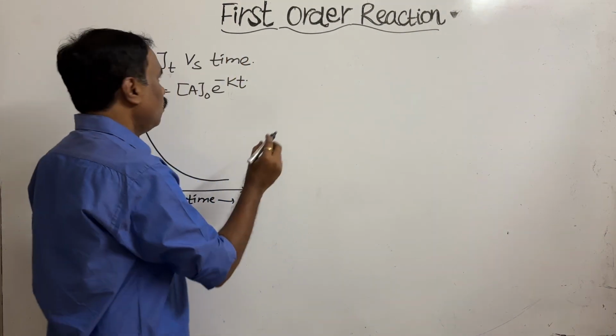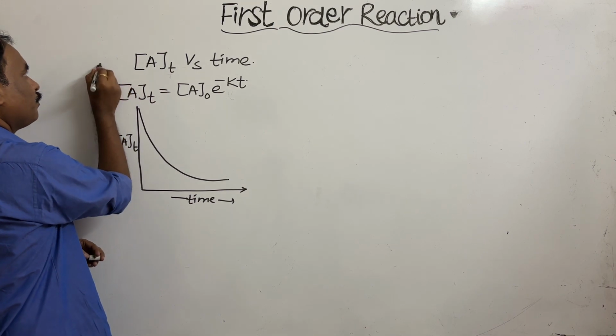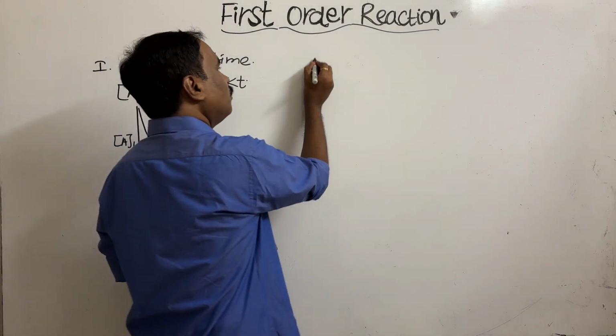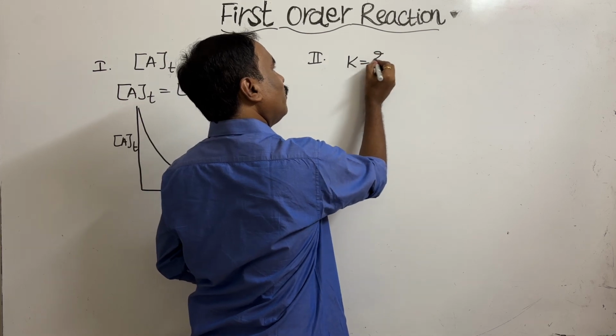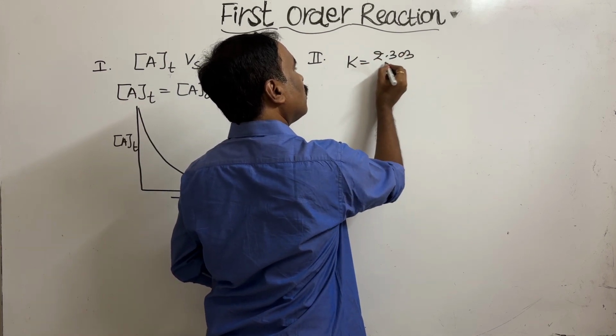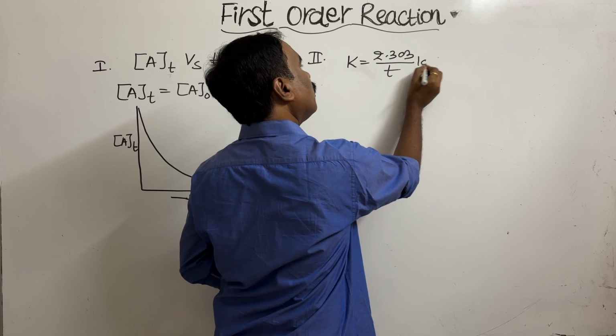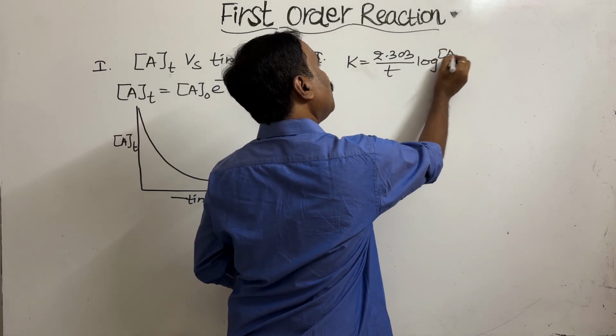Now graph number 2. This is the first graph. Graph number 2, we know that K is equal to 2.303 upon t log of A0 upon AT.